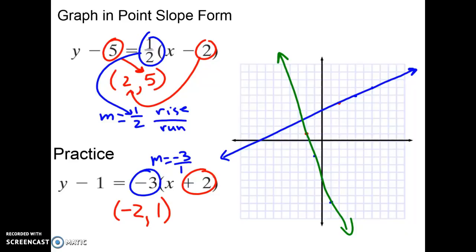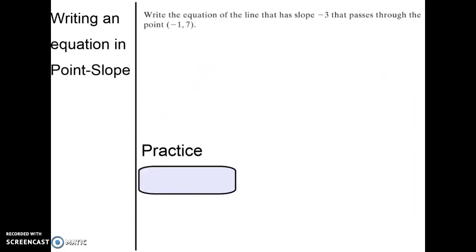Once again, feel free to pause the video if you need to complete those notes, but I'm going to move on. Now we're just going to be writing an equation in point slope form. They're going to give us the point and the slope, and we're going to write the equation. So remember we have y minus y1 equals m times x minus x1.